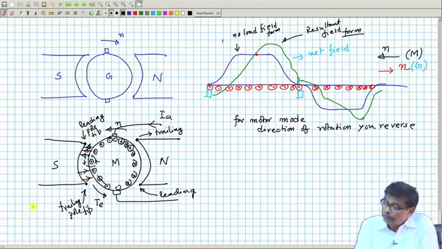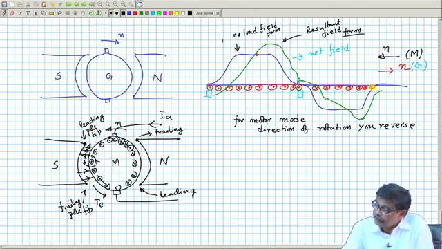In case of motor mode, you are sitting on the armature conductors, you are moving, this pole starts, south pole, and you find lines of force are concentrated here.